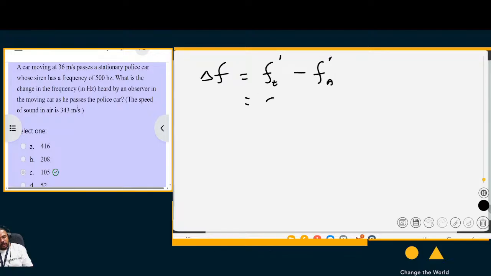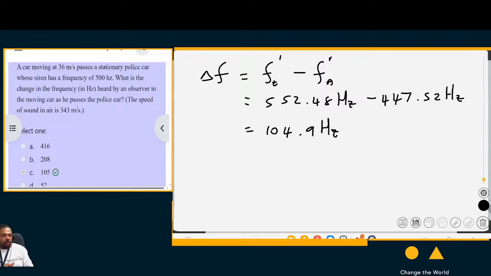So the frequency as they are moving towards is 552,48 hertz, minus the frequency as they are moving away from that source, which is 447,52 hertz. And that gives us a change of 104,97 hertz. So that is a big difference in the frequency.